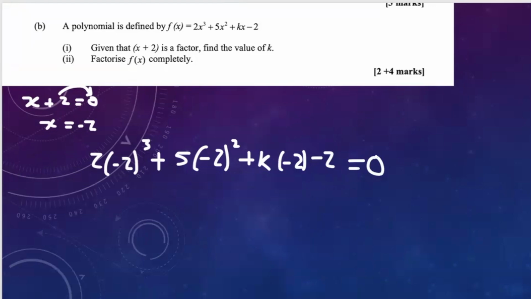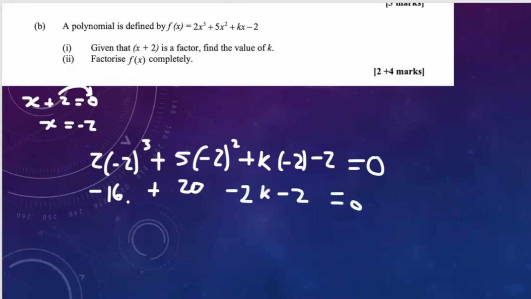Now, continuing, we have negative 2 cubed, that's negative 8, and negative 8 times 2, that's negative 16, plus negative 2 squared, that's 4, 4 fives, 20. This becomes minus 2k minus 2 equal 0.